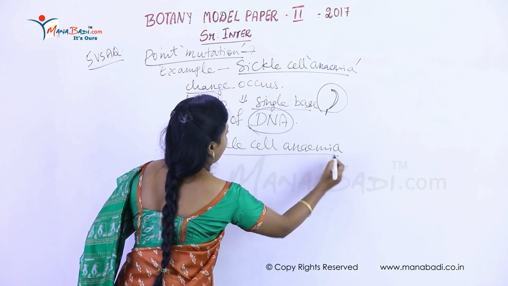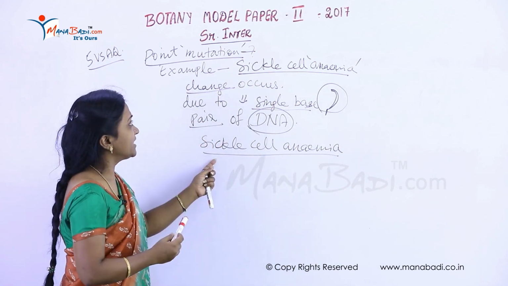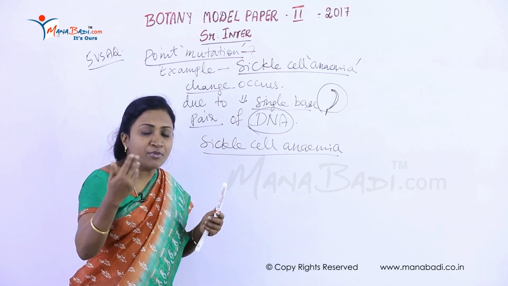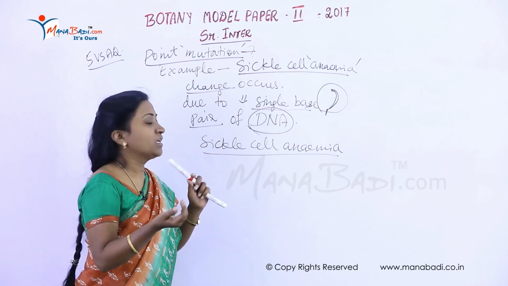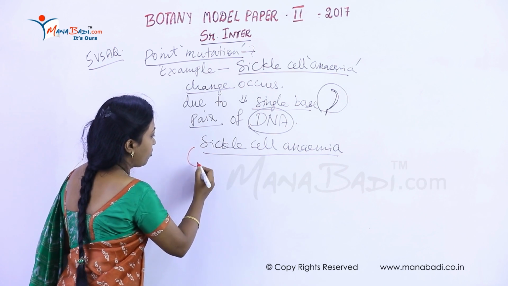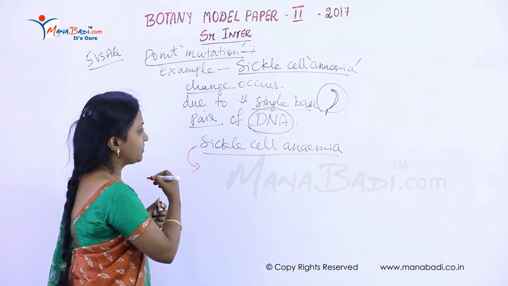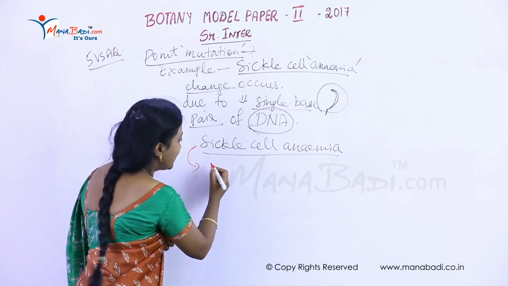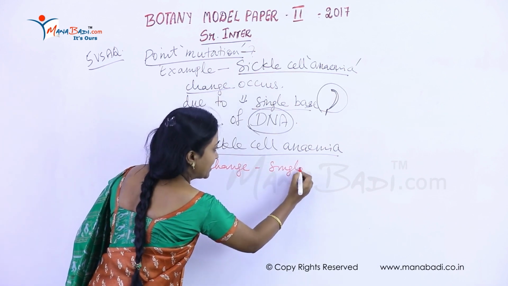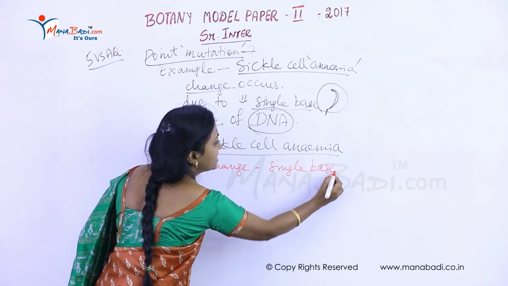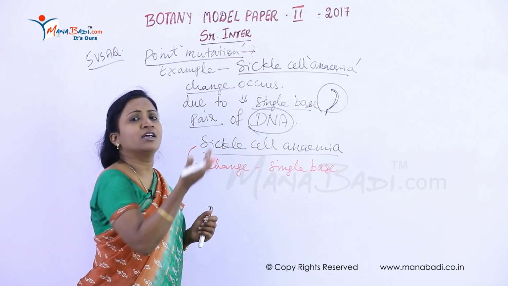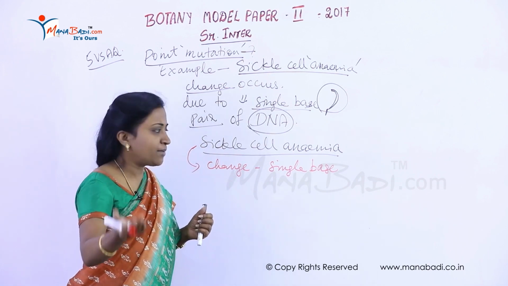As we are saying that sickle cell anemia is an example of point mutation, how has this point mutation occurred? In this case also there is a change in the single base pair, because the basic definition of point mutation is alteration in the single base pair of the DNA molecule.